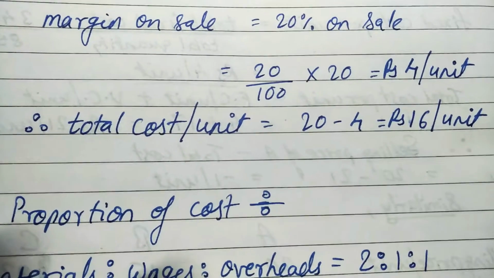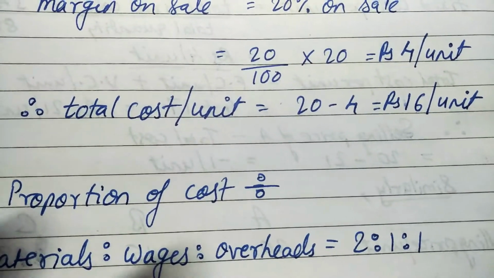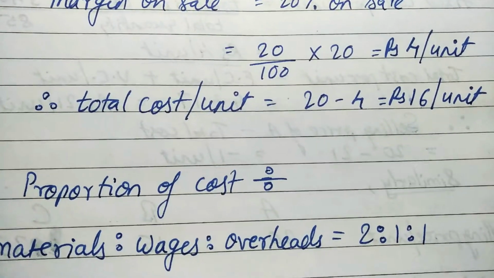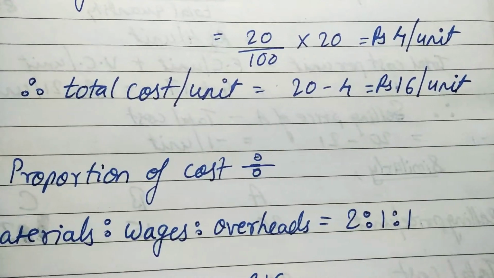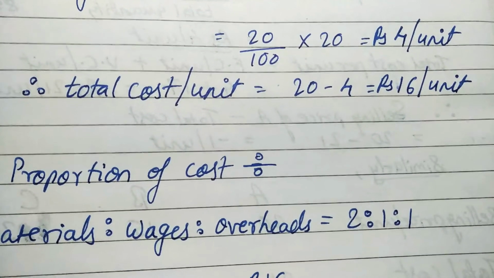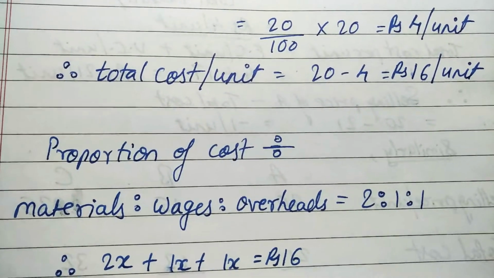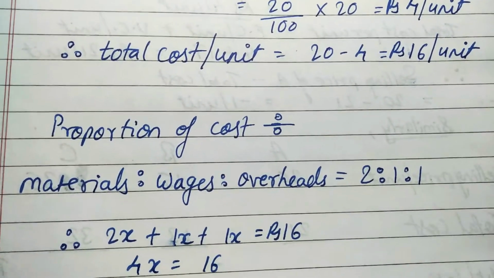We get 4 rupees per unit as the profit margin. Therefore, the total cost per unit is 20 rupees, the selling price, minus 4 rupees, the profit margin. We get 16 rupees per unit as the total cost per unit.